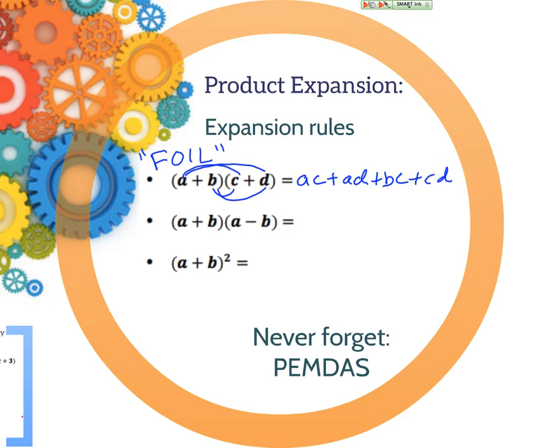If you have almost the exact same parentheses but different signs, so A plus B and A minus B, that middle term cancels out, so I end up with A squared minus B squared as a little shortcut. If you don't like the shortcut and you FOIL it, you will still get the same answer.